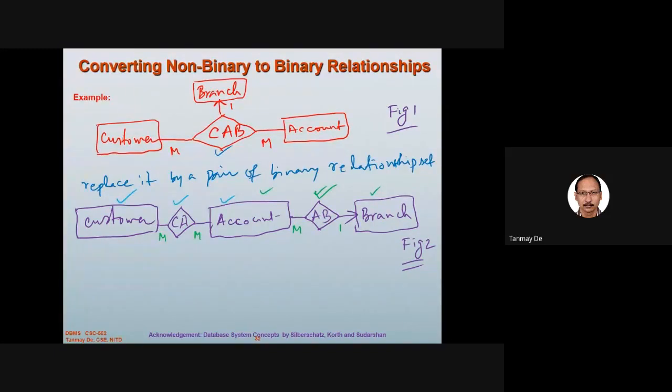A customer can have any number of accounts, and because it is many to many, from account to customer also, any account can be held jointly by several customers. So, are both the same or not?